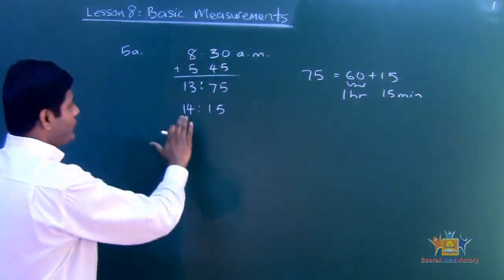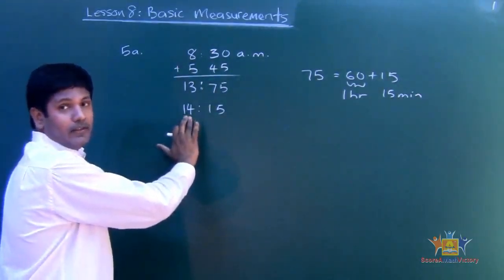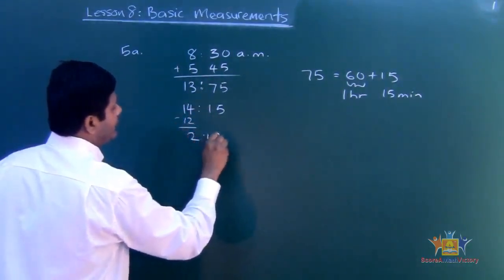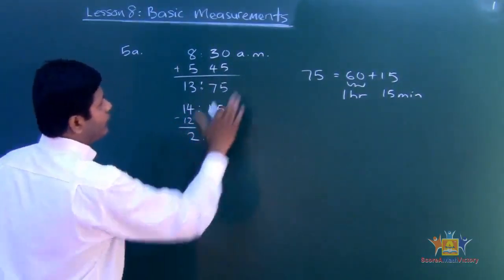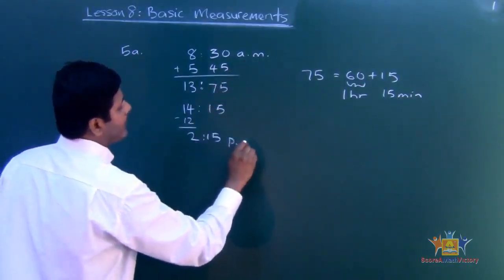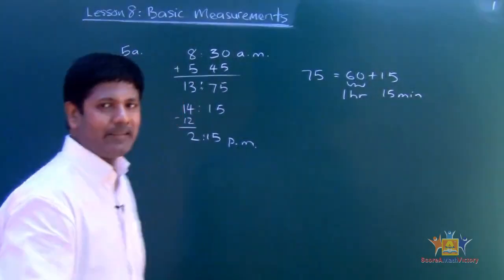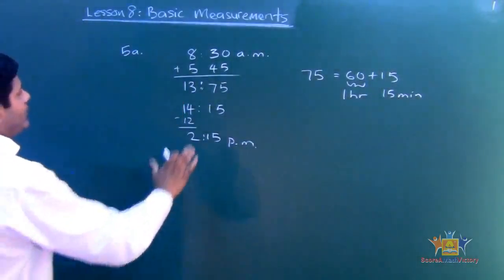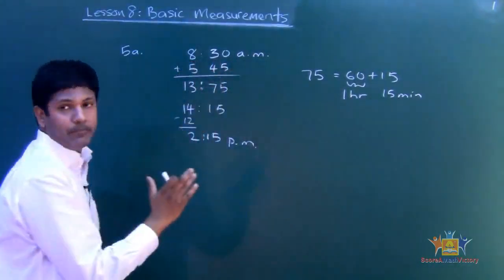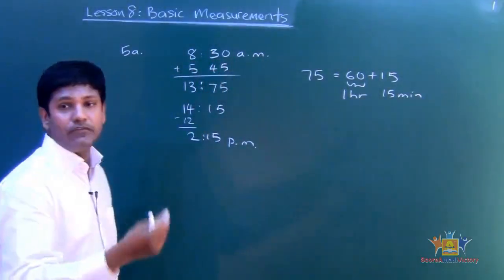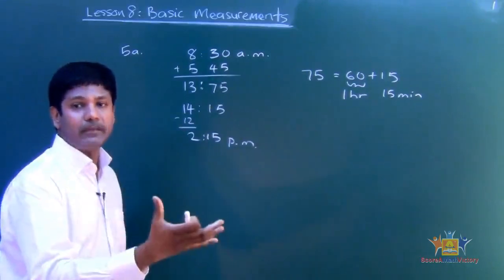So you know that you already passed the 12, so I subtract 12. That gives me 2:15. That means the AM becomes PM right there. Does that make sense? Alright, let's recap that again. Let's redo that again. You're given 8:30 AM and they want to find out after 5 hours and 45 minutes what would be the new time.